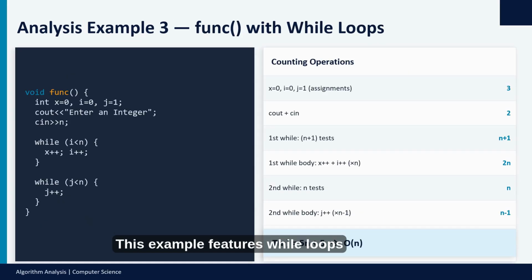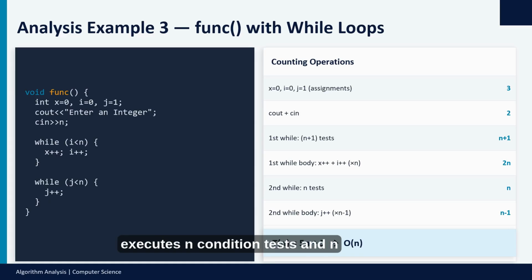This example features while loops instead of for loops. The function begins with 3 assignment statements, 1 each for x, i, and j, costing 3 units. It then performs 1 output and 1 input operation, costing 2 more. The first while loop executes n plus 1 condition tests and n iterations of 2 operations each, contributing 3n plus 1 units.